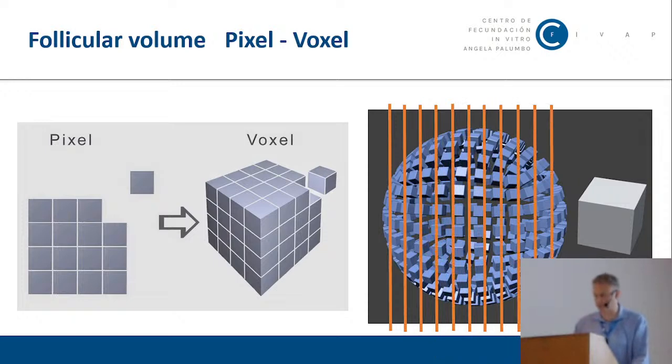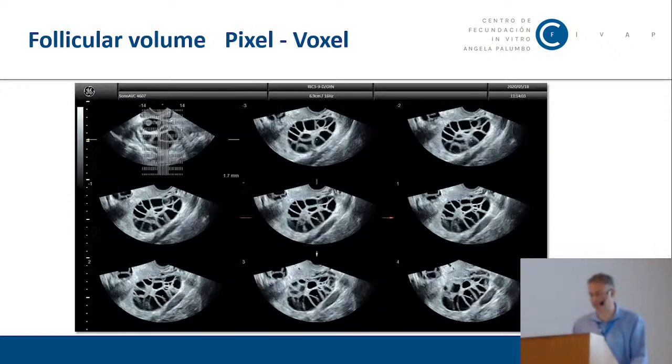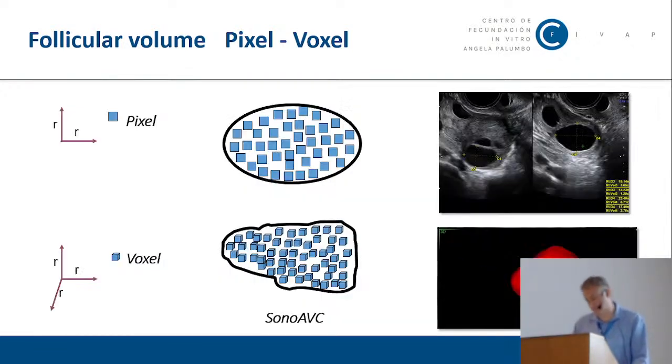When acquiring a volume, the ultrasound device acquires several 2D images, and knowing the distance between each of these images, calculates the voxel. By adding up the number of hypoechogenic voxels, you can calculate the exact volume of each follicle. This is one of the reasons, theoretically, the SonoAVC volume more accurately represents the real follicular size.